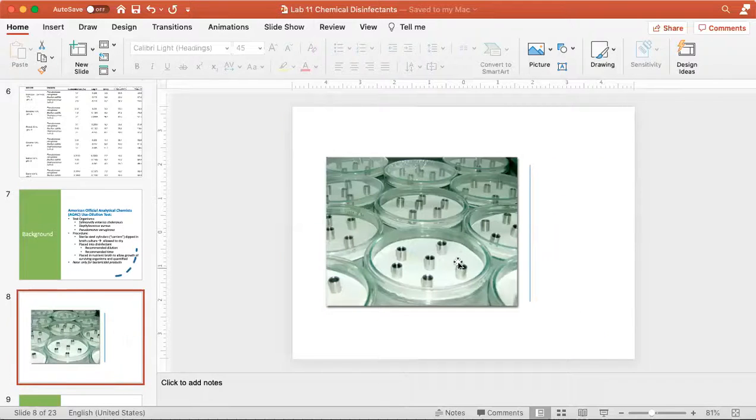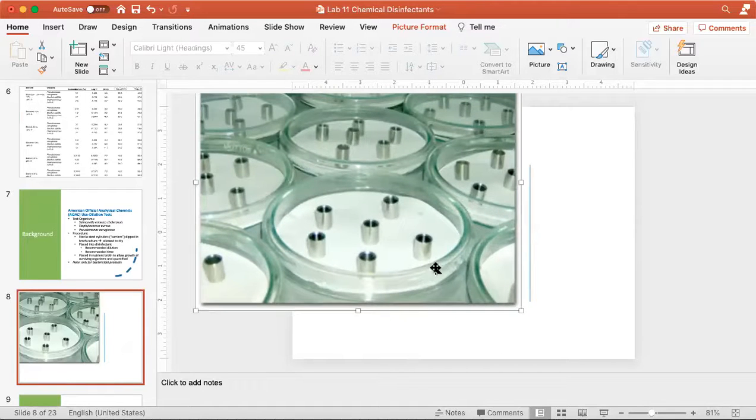This is what those little cylinders look like. In this picture, you can see several Petri dishes sitting side by side, and they have some sterile filter paper sitting in the bottom. And you can see all these little metal, they look like little metal rings almost. These rings get sterilized in the autoclave, then they get dipped into pure cultures of bacteria, and then set down in these plates to dry.